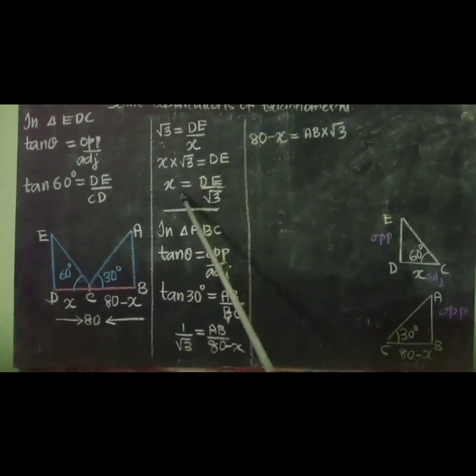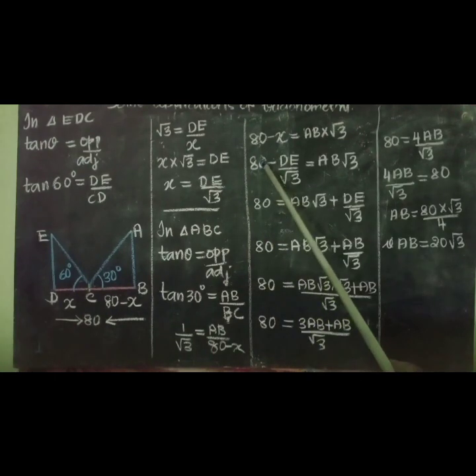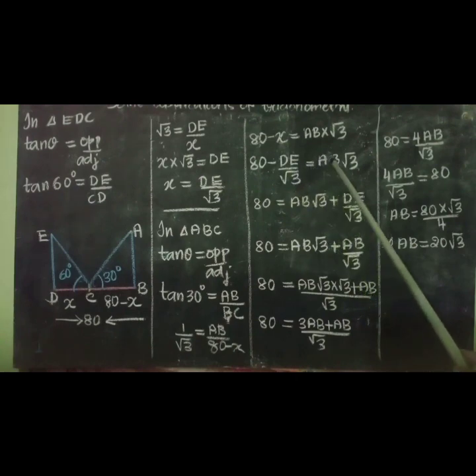Now we have the value of X, X equal to DE by root 3. Let us substitute it here. We get 80 minus DE by root 3 equal to AB root 3. Let us take this DE by root 3 to the right side. Here it is negative. If we take it to the right side, it will become positive. So we get 80 equal to AB root 3 plus DE by root 3.